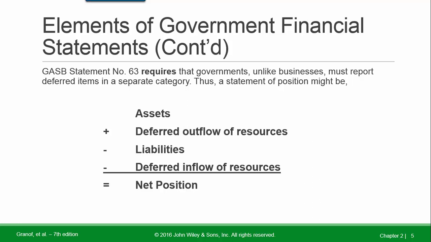GASB Statement 63 requires that governments, unlike businesses, must report deferred items in a single category. Thus, a statement of position might be assets plus the deferred outflow of resources minus liabilities minus deferred inflow of resources equal net position. And this is just a different way of showing what we had on the previous slide.